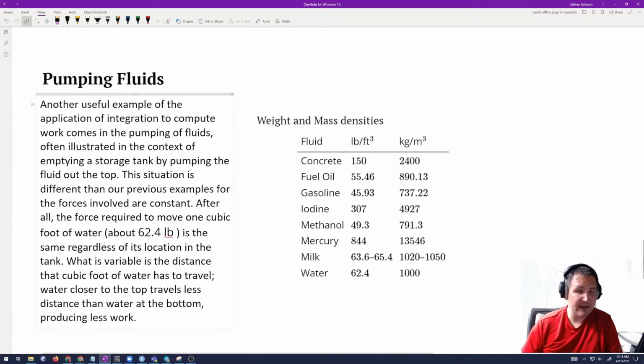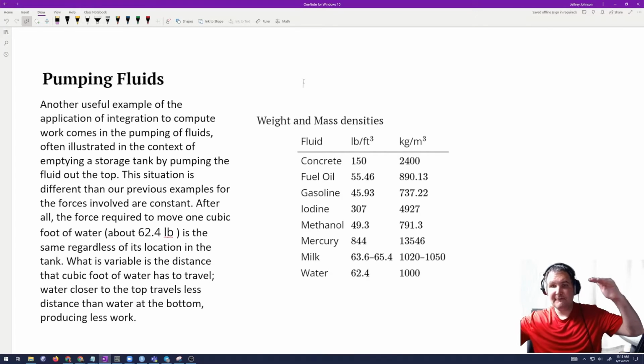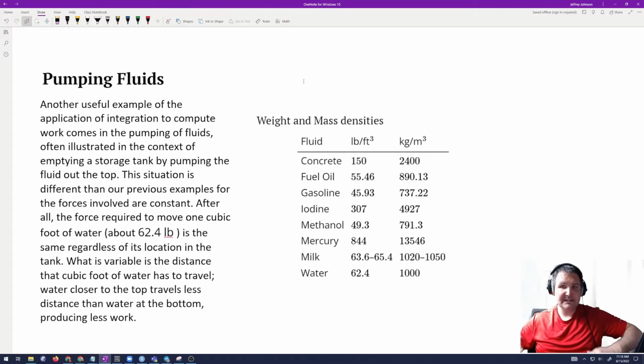Another application in this section is pumping fluids. So we want to be able to pump fluids, and the only thing different here is that the amount of fluid is the same everywhere, but it's going to take more work to pump fluid at, let's say, the bottom of the tank than at the top of the tank. And depending on the fluid, it could be heavier than other fluids.